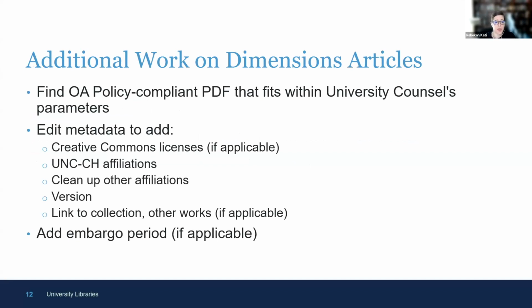And we also add relationships to other works if the article we're working on is a correction or erratum, or if it belongs to a collection that we administer. And we also will add an embargo period if the publisher policy requires one.